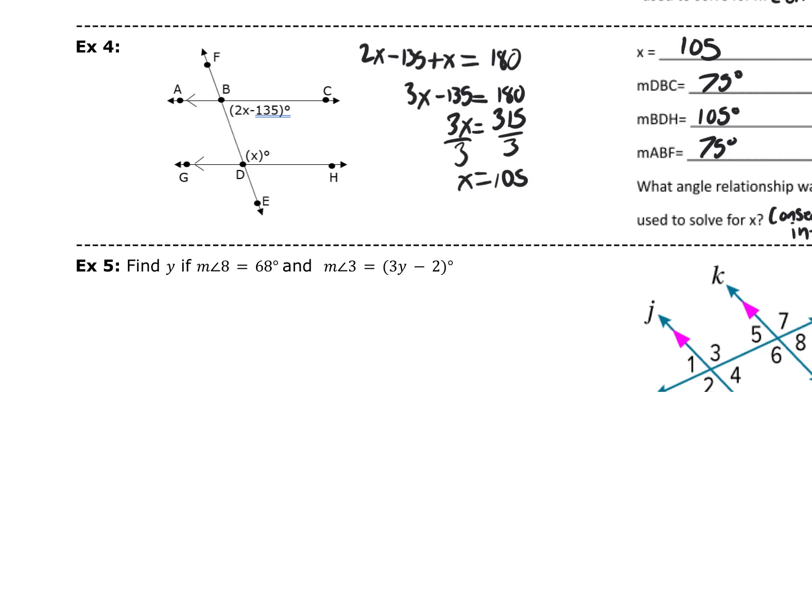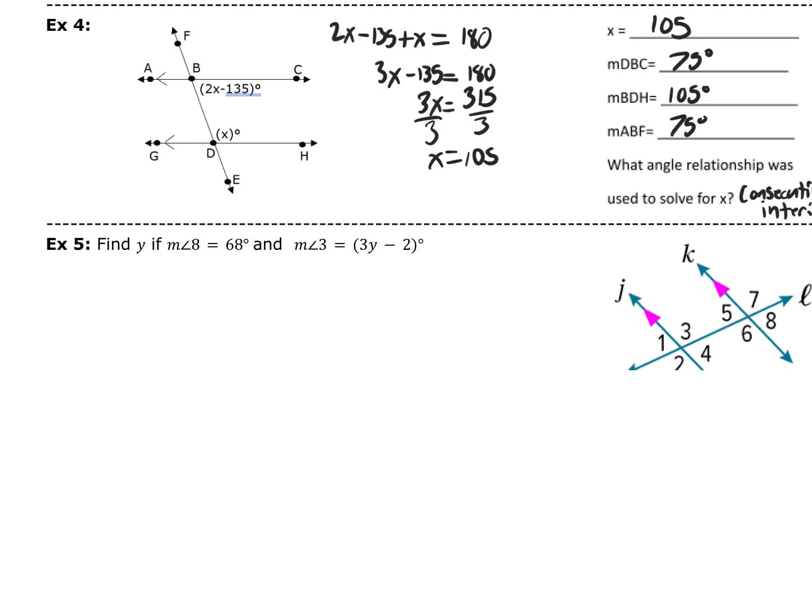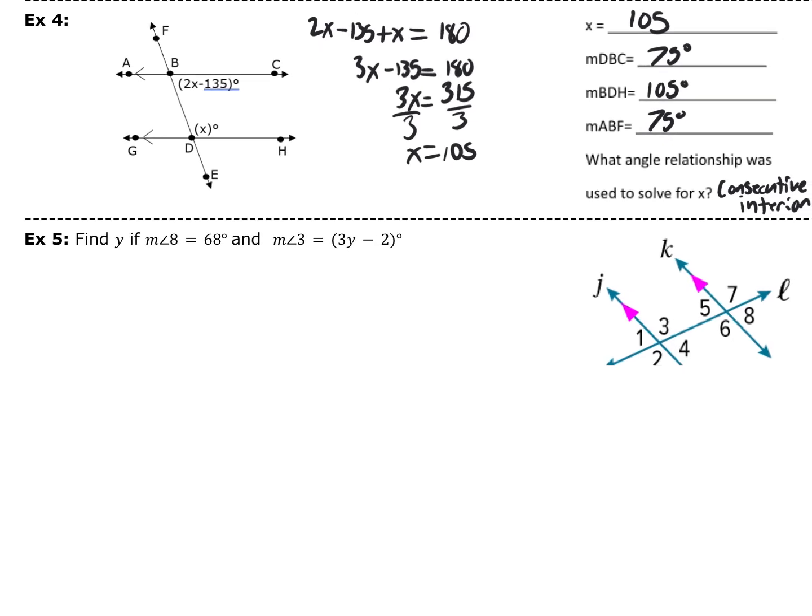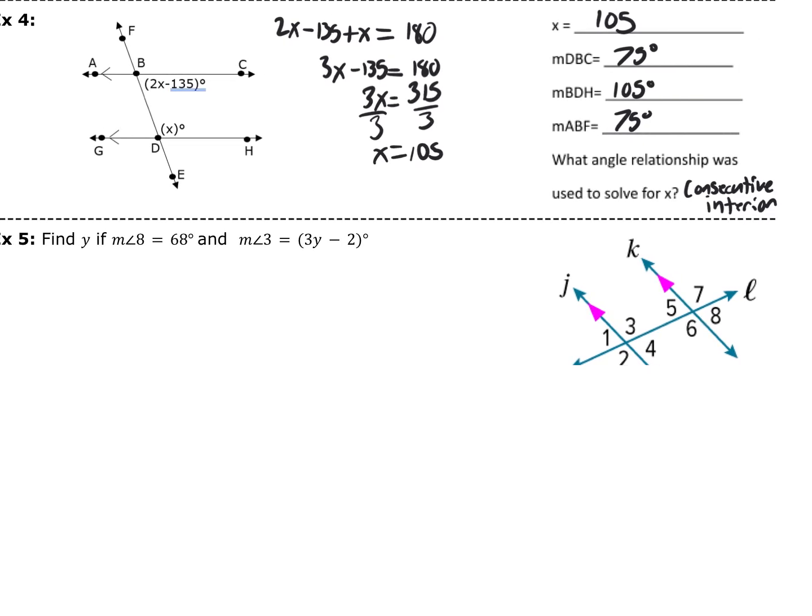All right, last example here. Example 5. Find y if the measure of angle 8 is 68 degrees. So we're just going to go ahead and label that 68 degrees there. And the measure of angle 3 is 3y minus 2. So let's fill in some things that we know.